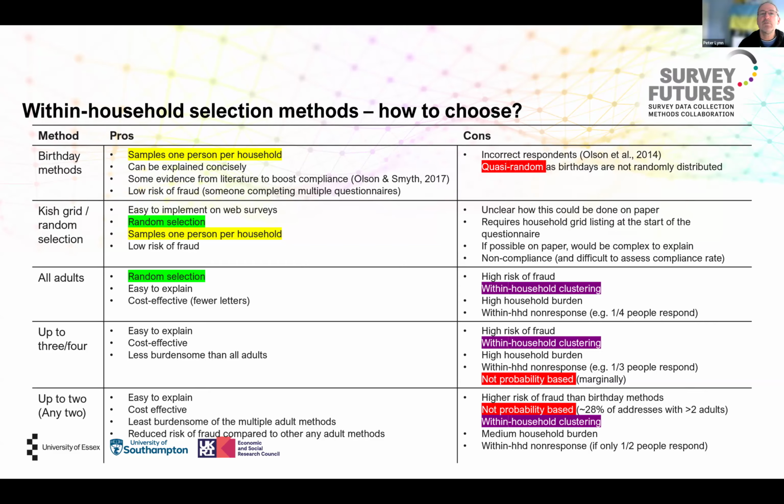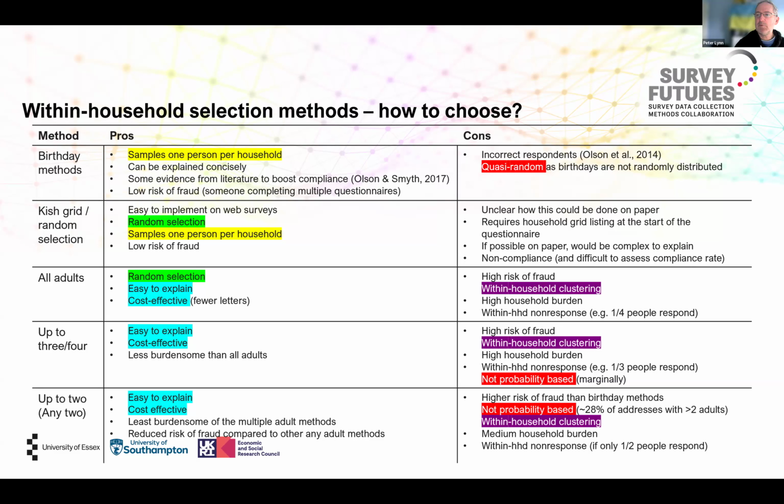So if you think of the any 2 method, for example, where we ask any 2 people to take part, all the households that only contain either 1 or 2 eligible adults, that is a random method because they're all eligible. It's only in the larger households where an element of non-random selection is introduced. So that's the area where we might focus our attention in terms of how representative are those people in larger households.